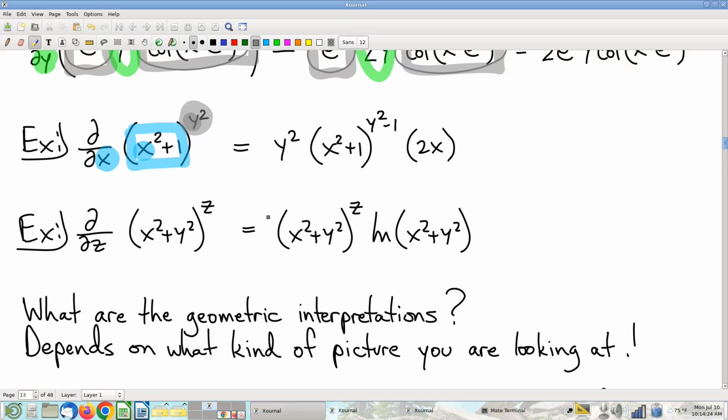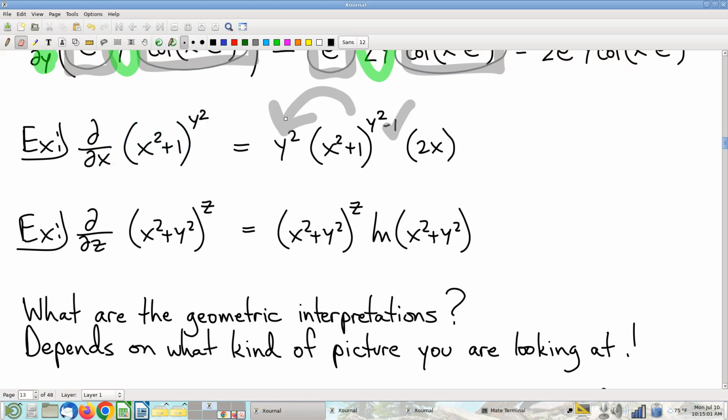And so while this might at a glance look like a really hard thing to take a derivative of, it's a function to the power of a function, oh my gosh, faint memories of logarithmic differentiation from high school calculus class. Nope. This is just a power rule deal. And the power comes down and you subtract 1 and then don't forget the chain rule. Right? So this is actually a really easy derivative to take, as it turns out. Everybody see that? Almost seems too good to be true.